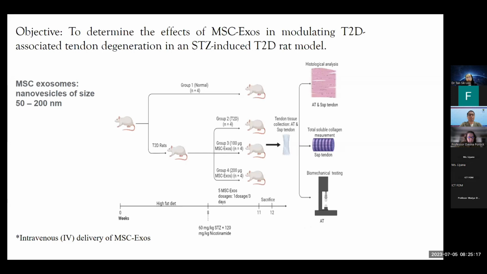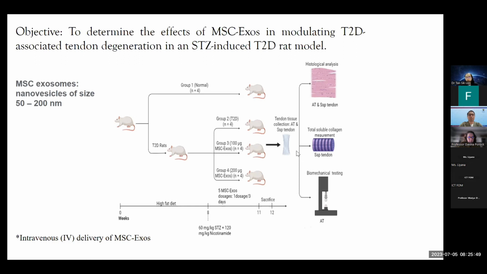Actually, this is part of a study that we collaborate on with another research team, which is looking into the effect of intravenous delivery of MSC EV in diabetes conditions, how it improves the diabetes conditions. And for our work, we only focus on the effect of this EV on the degeneration in the diabetes model.